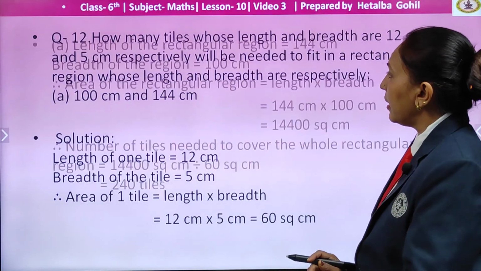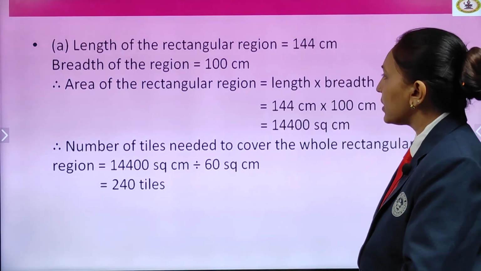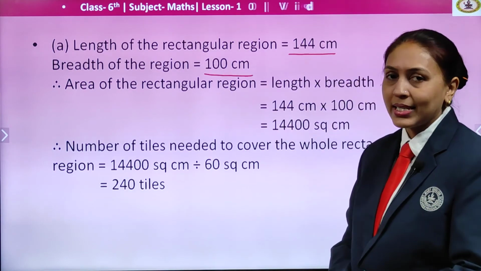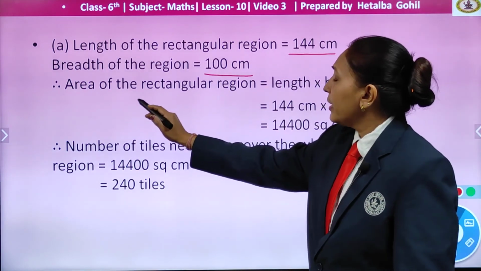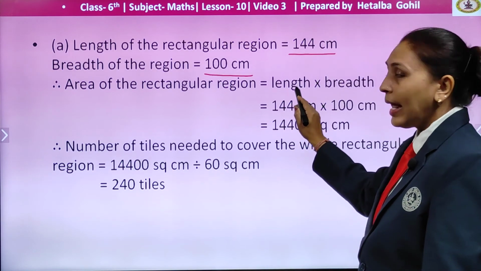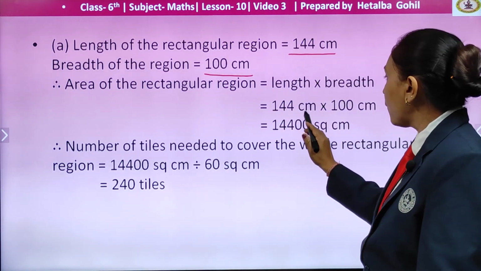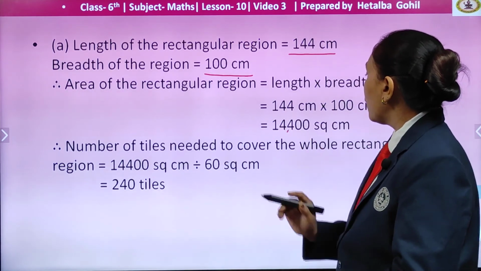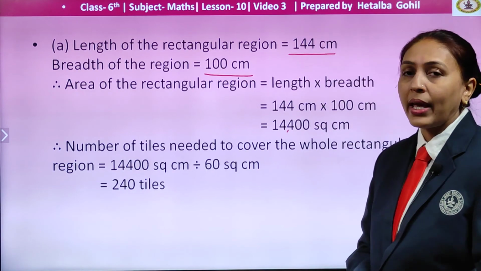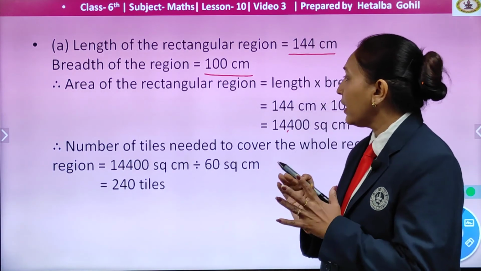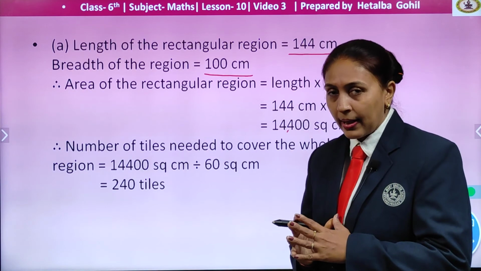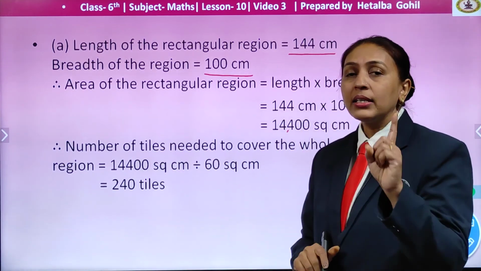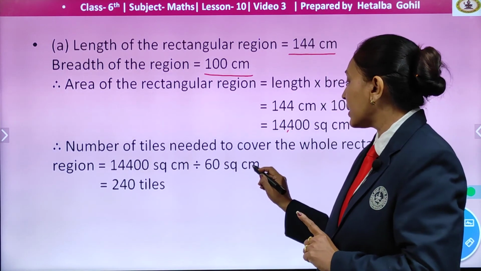Let us see then how much is the area of the rectangular region. The length is given to us as 144, the breadth is 100 centimeter. So the area of the rectangular region, that is length into breadth, that is 144 centimeter into 100 centimeter, when you multiply, you will get 14,400 square centimeter as the area of this total rectangular region. Now in this region, you have to put tiles, and one tile covers 60 centimeter square.